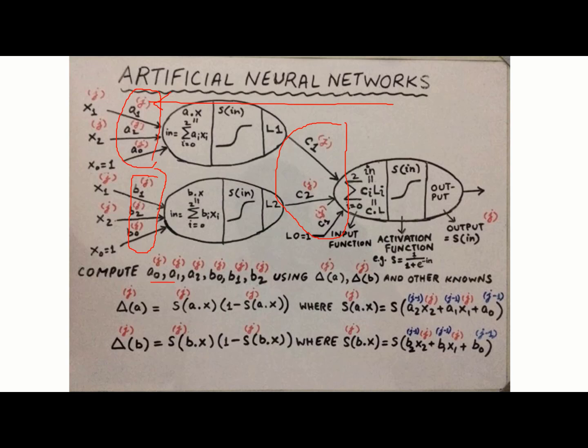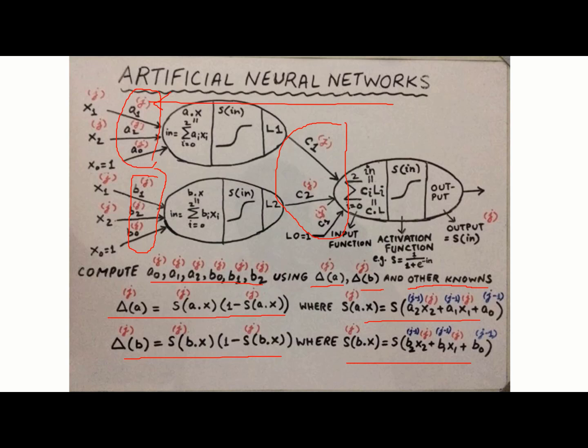So for these two, we are going to compute delta A of J and delta B of J, and the other knowns such as delta C of J that we showed how to compute in the previous slides. So the delta A of J and delta B of J will be computed, and the definitions are shown here, using SA.X, SB.X for the current iteration.